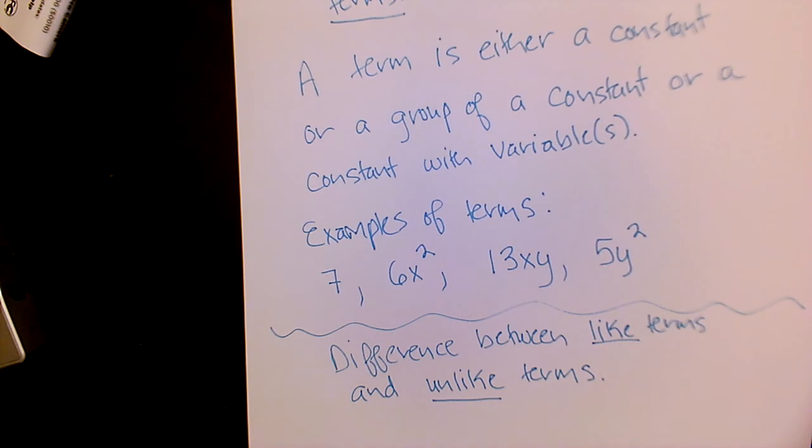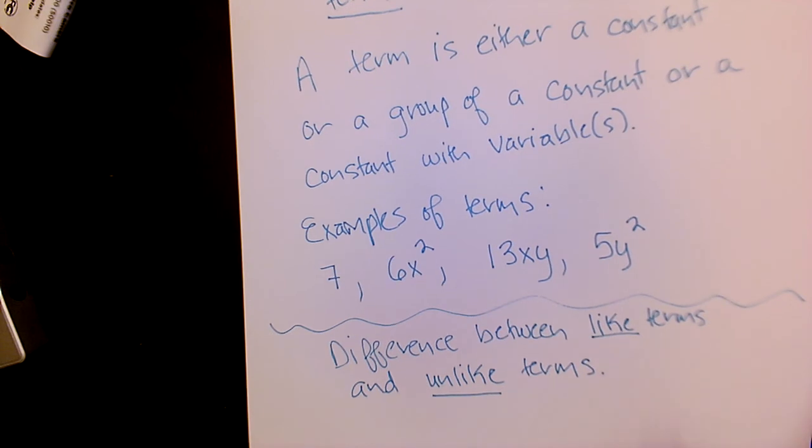They need to match up with the variable. So unlike would be any one of these four. And we're really not going to do much with unlike terms. We're really going to concentrate on the like terms.